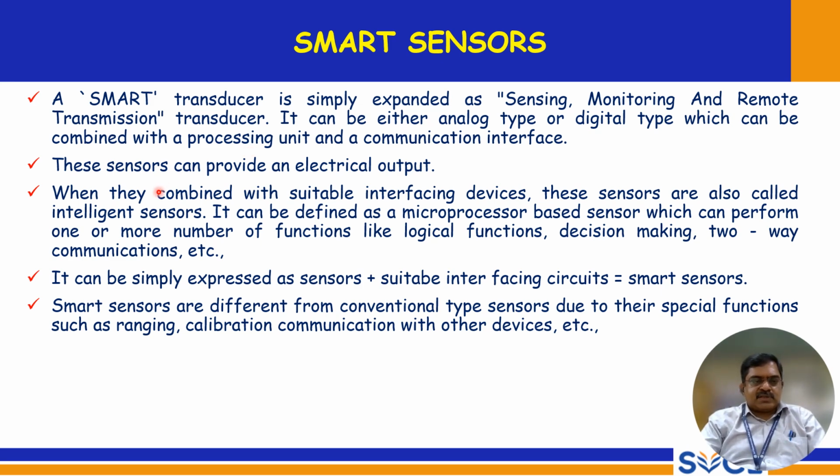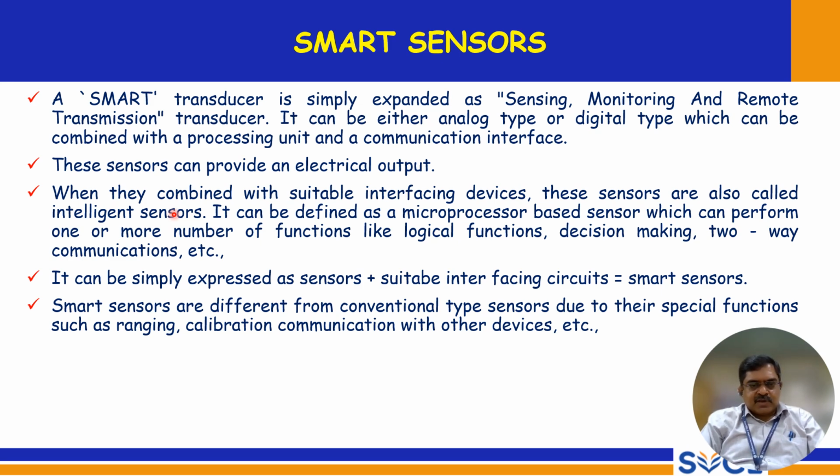So these sensors can provide an electrical output. When they are combined with suitable interfacing devices, these sensors are also called intelligent sensors. That's why it is called intelligent, where these sensors can make decisions on their own.